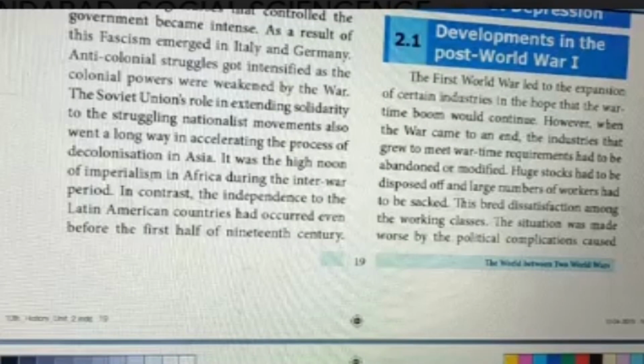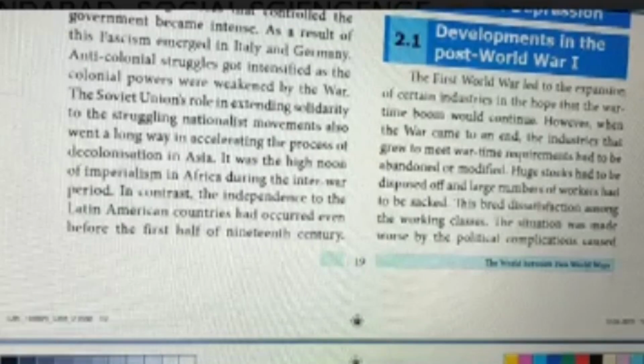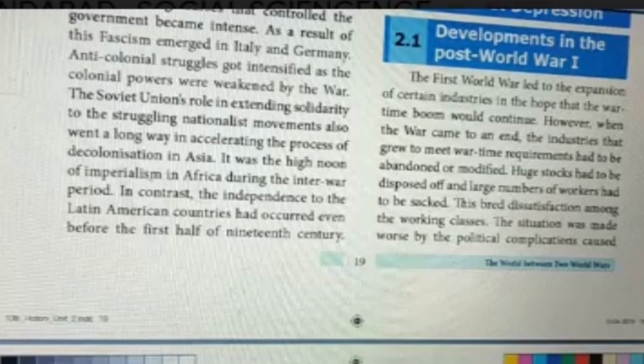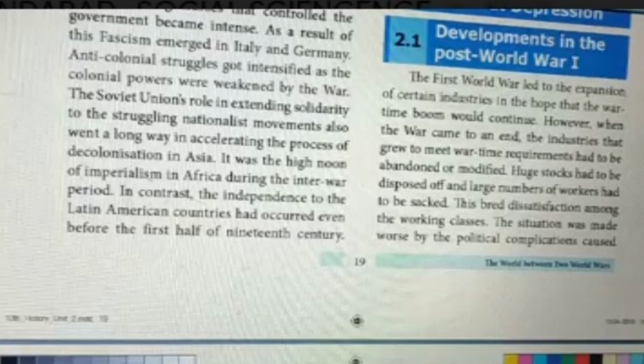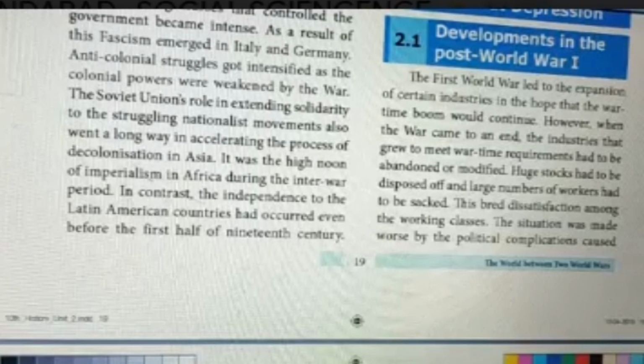Developments after World War I: Germany had surpassed even Britain and the USA in several fields of industrial production. As we saw in the earlier chapter, this was the root of the outbreak of the First World War. Then came the crushing defeat in the First World War, and the German people were demoralized.